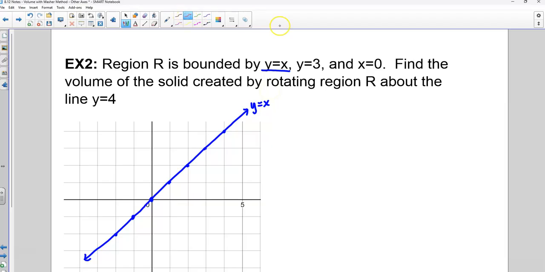I've got y equals 3, which is a horizontal line at 3. Y equals 3 right there. And x equals 0, which is the y-axis. So we're looking at this area right here.